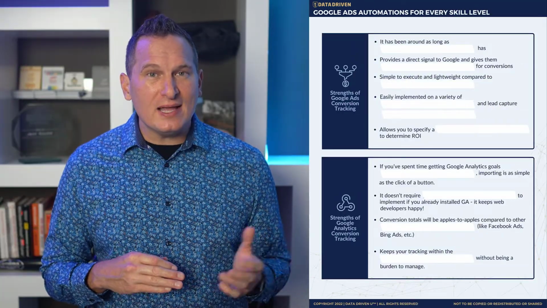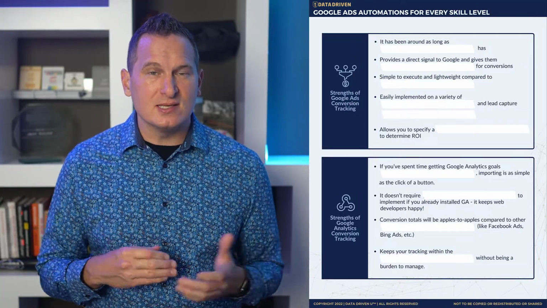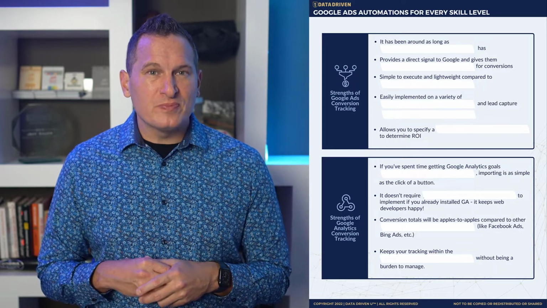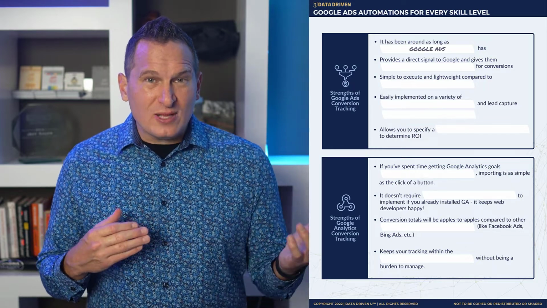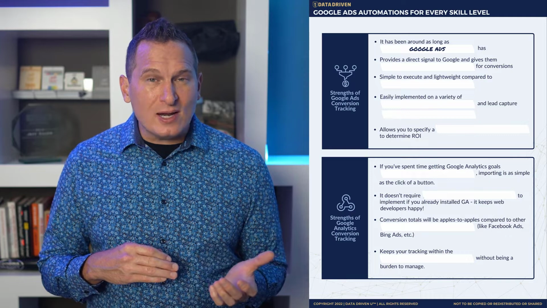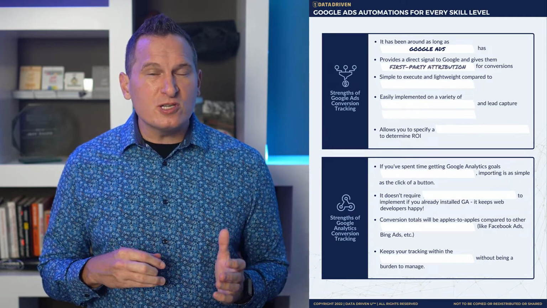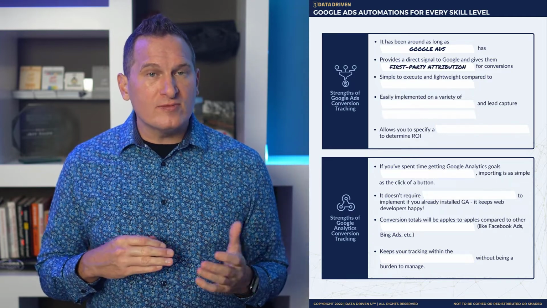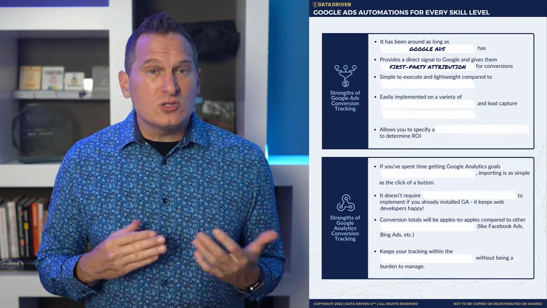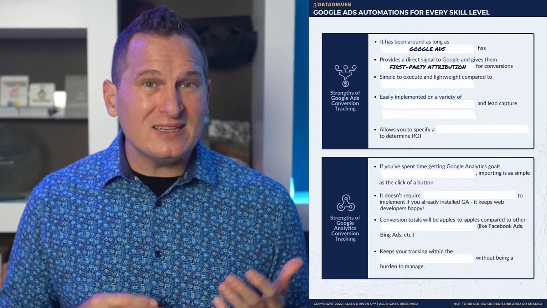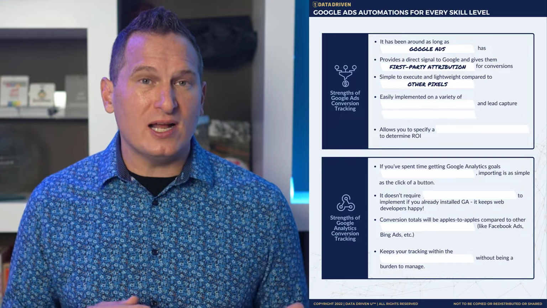The strengths of a Google Ads conversion tracking pixel is this. Well, when you use their pixel, which has been around for as long as Google Ads has existed, it provides a direct signal to Google and gives them first-party attribution for the conversions back to their system. So it's relatively simple to execute and lightweight compared to other pixels to put onto your site.